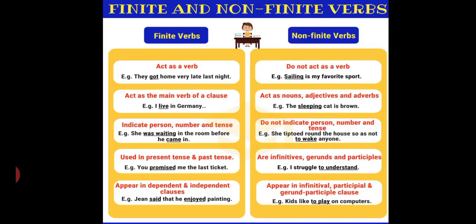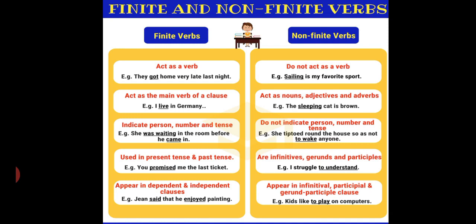Now I have also given you a different segregation here of how we can use a finite verb and how we can use a non-finite verb. We have seen that a finite verb can act as a verb, wherein they got home very late last night. Finite verbs can act as the main verb of a clause, like I live in Germany.